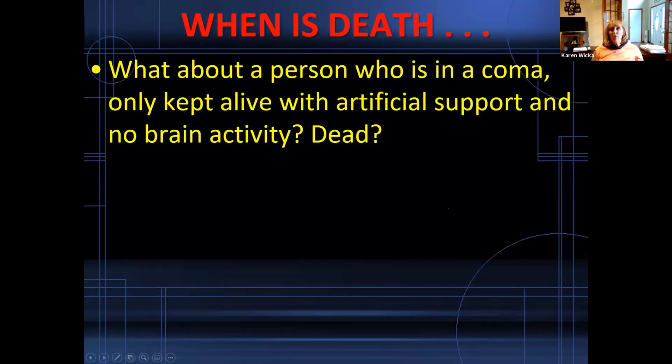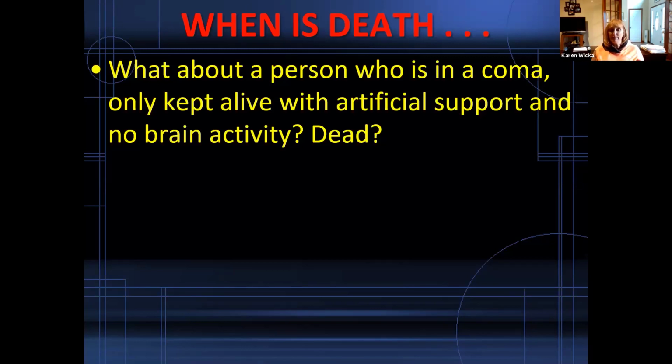Okay, now that is when you're born and become a person. Now we have to think of the other end of the spectrum. When is a person no longer a person? So what if a person is in a coma and the only thing keeping that person alive is life support and there's no brain activity? So the only thing that's functioning is a machine beating their heart and breathing for them, but their brain is not functioning at all.